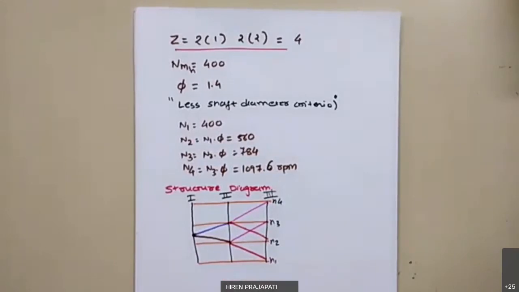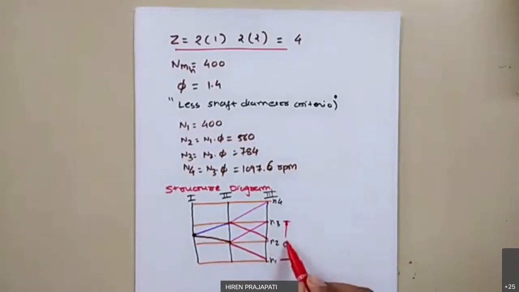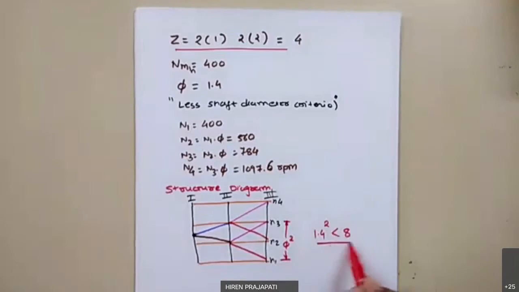Now, for qualification of the structure diagram, we need to check the overall transmission ratio. If you see, in stage 1, the transmission ratio is phi to the power 1. In stage 2, the transmission ratio is phi to the power 2. Just check what you are getting, 1.4 squared, that is definitely less than 8.